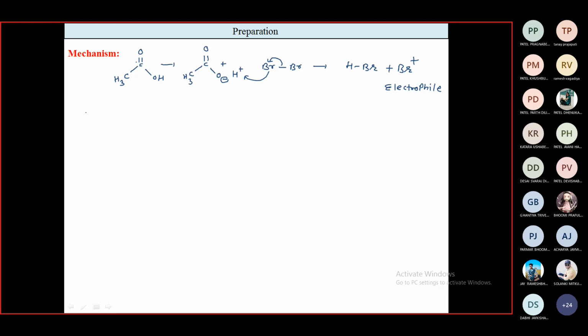Then after that, aniline is ortho-para directing. You know very well, if you go for its resonance structure, NH2 plus, you can have a charge at the ortho position, here a negative charge.